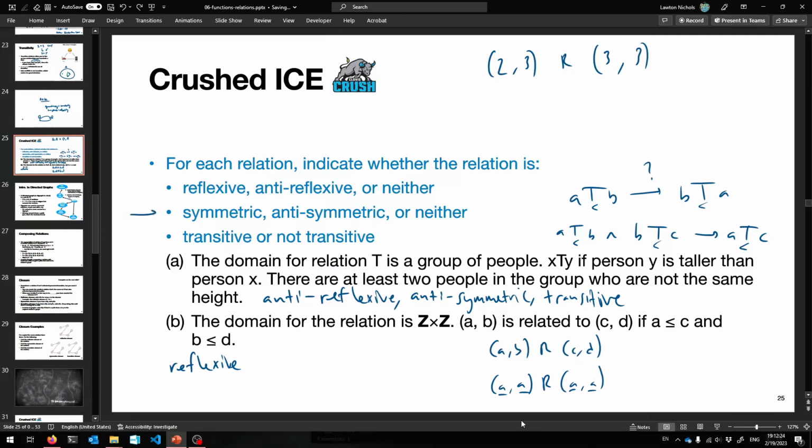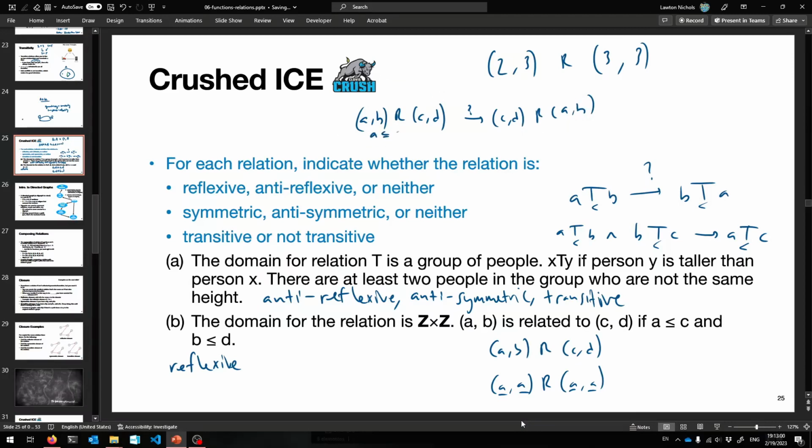All right, what about symmetricity? Is it a symmetric relation? If I know that AB is related to CD, can I prove, do I always have the idea that you can go the other way? Is CD related on the left to AB? If I know that AB is related to CD, what do I know about A, B, C, and D?